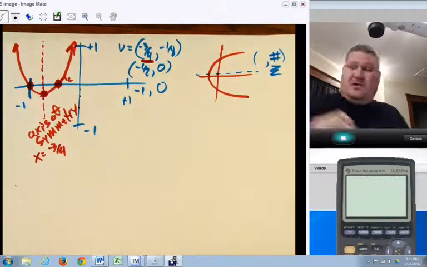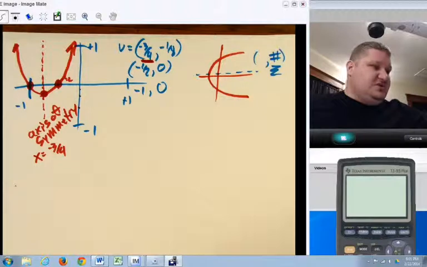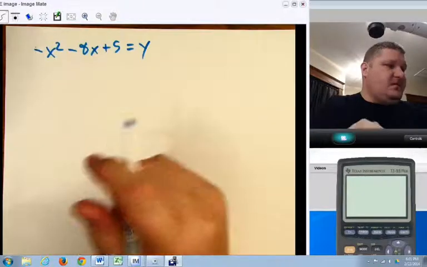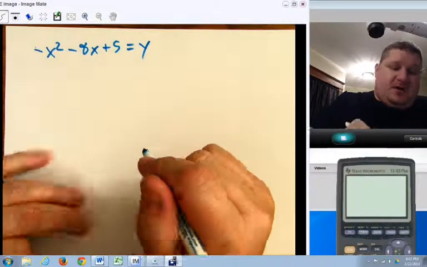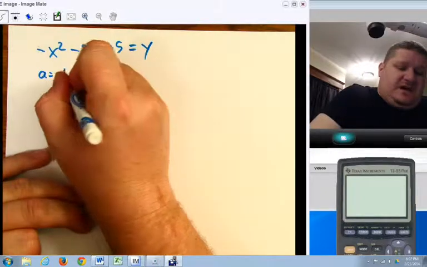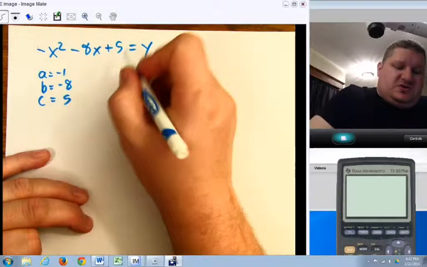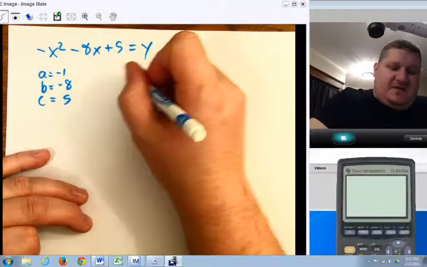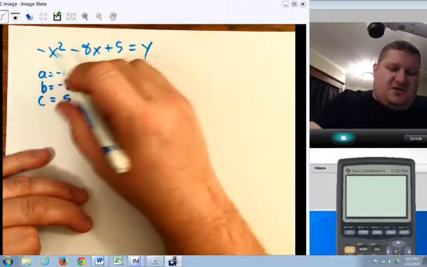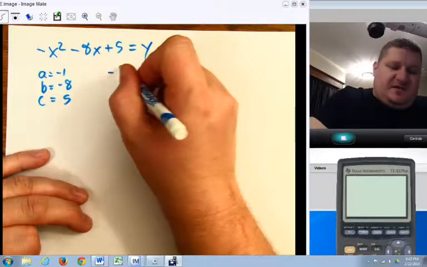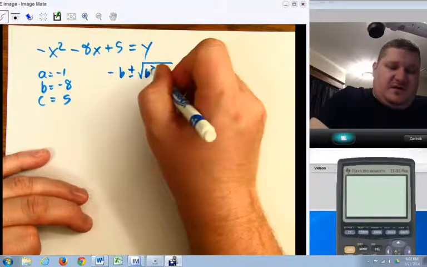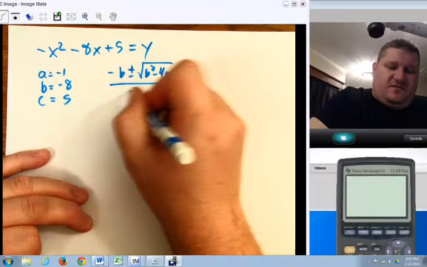Now let's do another one, see if we can do it just a little more quickly. Okay, here we go. A equals -1, B equals -8, C equals 5. So I try to find all my key components. Let's see if we can solve for 0. So we have opposite of B plus or minus the square root of B squared minus 4AC all over 2A.